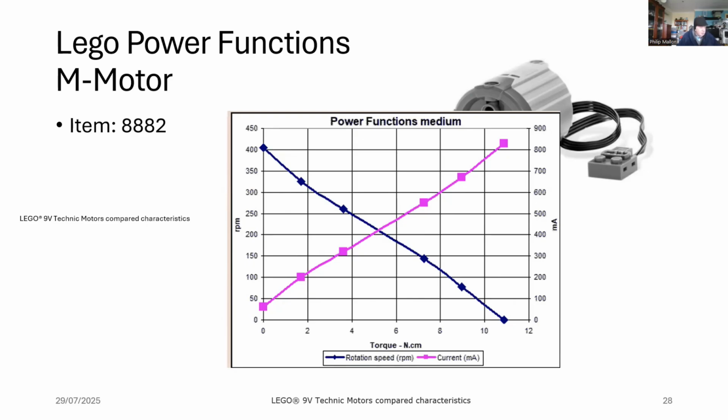And here you can see on the extreme right on the rotation speed curve, the maximum torque is around about 11 Newton centimeters, and that's the pink curve. The blue curve is the speed curve.